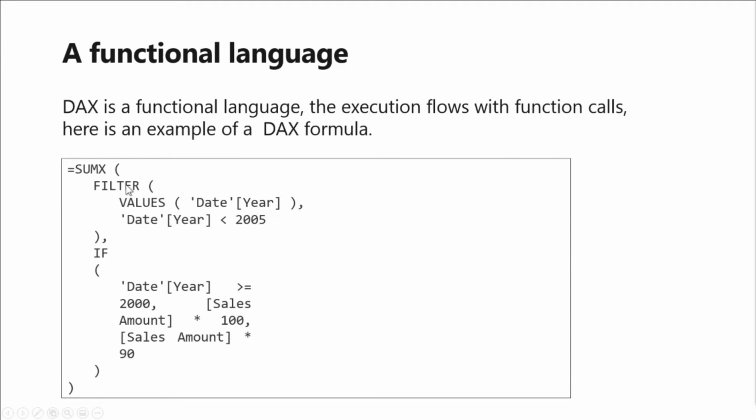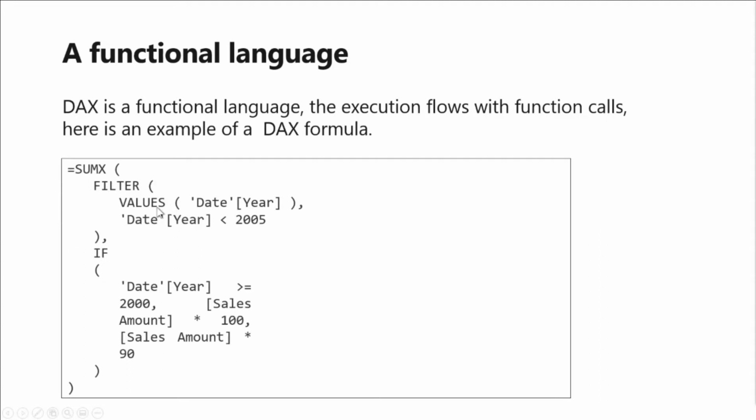This is how the notation looks: the table name, Date table, and the Year column. From this Year column, I want to filter so that it only retrieves the years not over 2005, meaning only until year 2004. And this is what I want to sum, and this is the filtration.